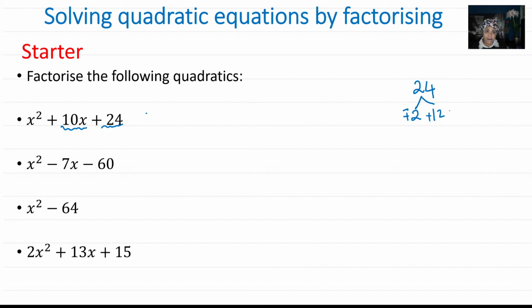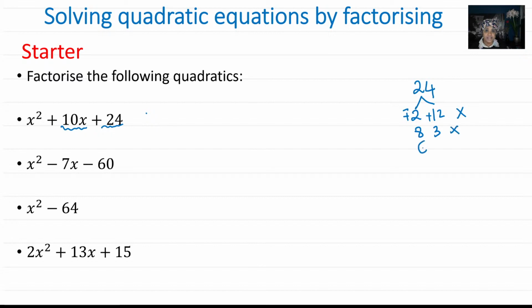So this pair will not work. What is the other way of making 24? Well, I know I can do 8 times 3. Sorry guys, 8 times 3. Will 8 times 3 work? Well, this will not add up to 10. So this will not work.